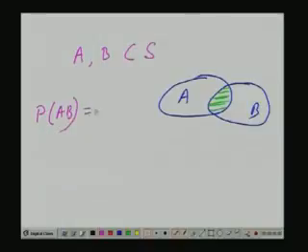If this is nothing but just the product of P(A) and P(B), P(A) is the probability of event A, P(B) is the probability of event B, then A and B will be called statistically independent.